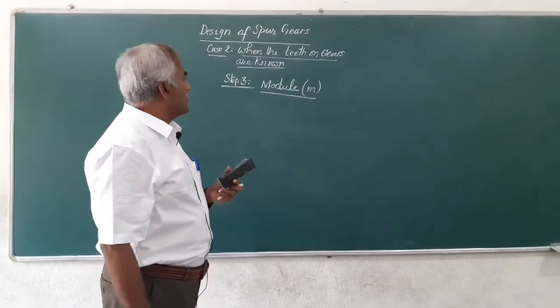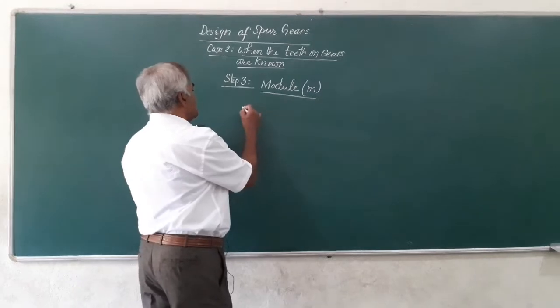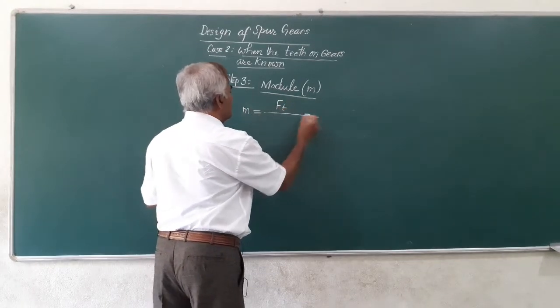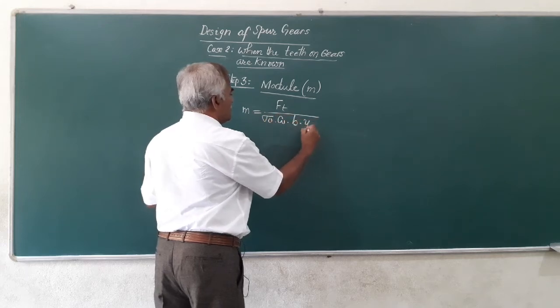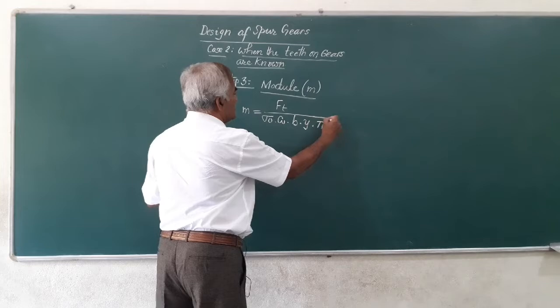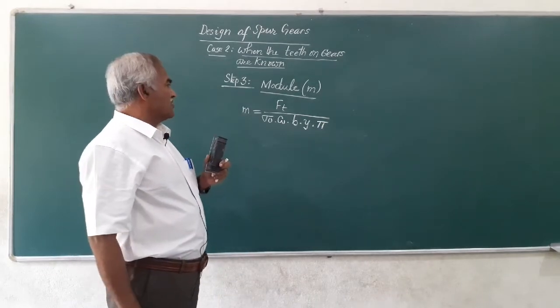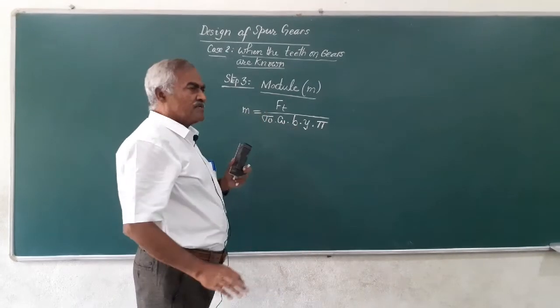And for spur gears, we have this equation of Lewis as m is equal to Ft divided by sigma naught Cv dy pi. This is the equation which is used to determine the module. Friends, let us see what does each of these terms mean.